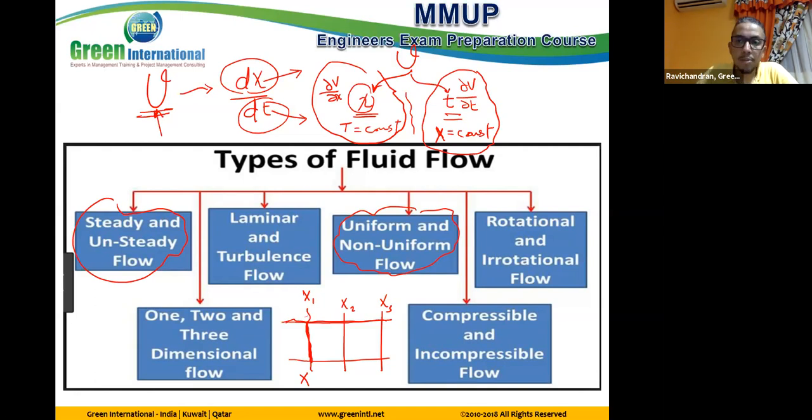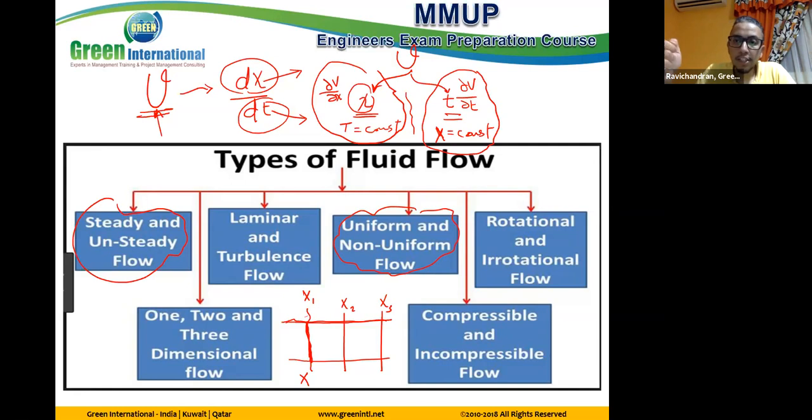Compressible is a direct relation between pressure and volume. You remember the bulk modulus of elasticity, which is about how easy it is to press. But here, we do not need how easy it is to press, just whether it can be pressed or not. If the pressure applied makes a change in the volume, this is compressible.